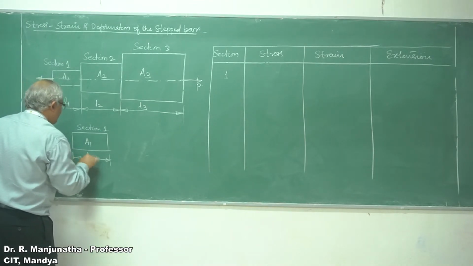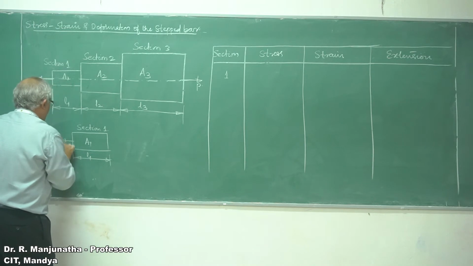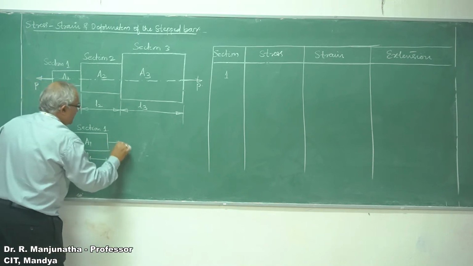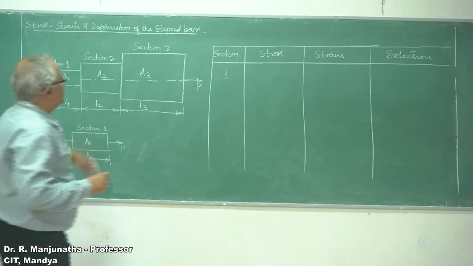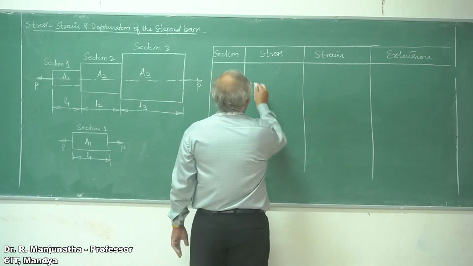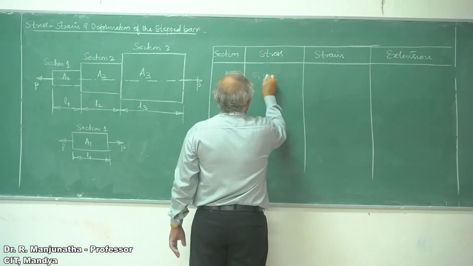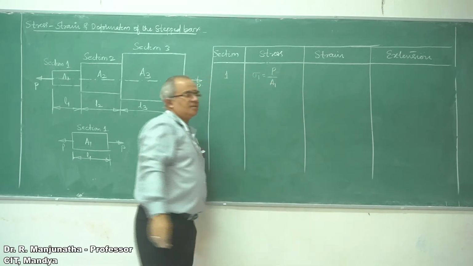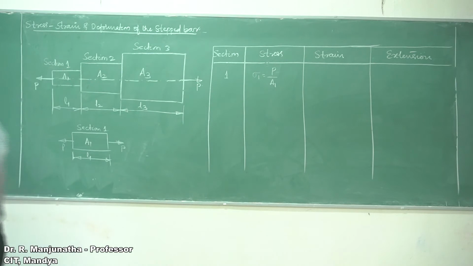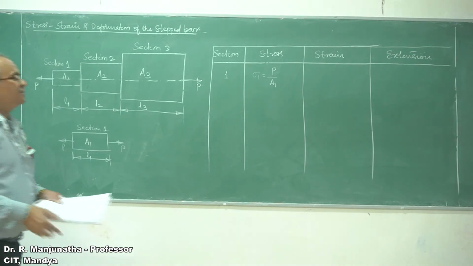Naturally we have the tensile load applied here. So for section 1, the stress is given by sigma 1, which will be P by A1, where A1 is the cross-sectional area of the specimen.